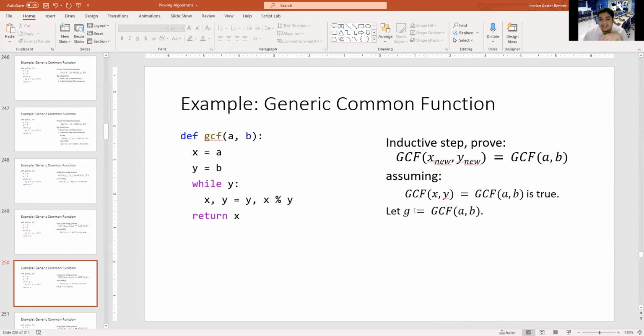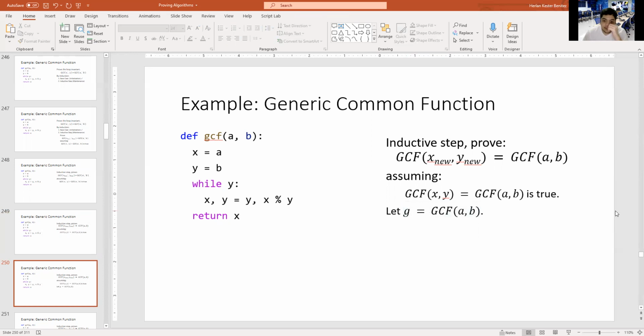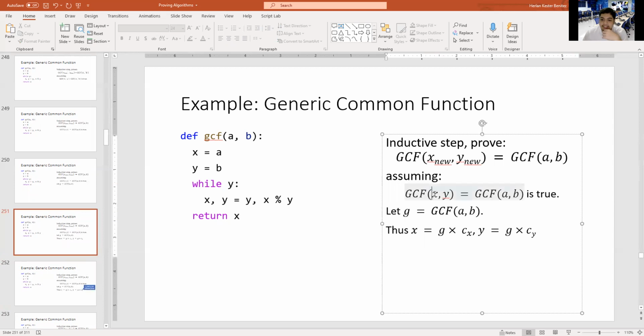So, first, we let G be equal to the GCF of A and B. So, basically, nilasign ko lang siya sa variable. So, we can rewrite x, since yung GCF ni x and y ay G as well, we can rewrite it as G times some constant, Cx, and y as G times some constant, Cy.